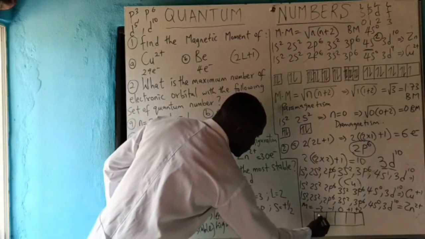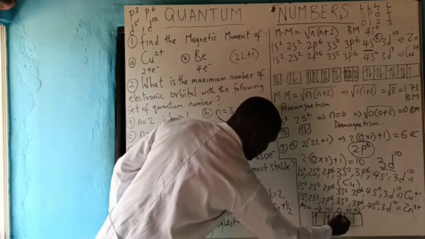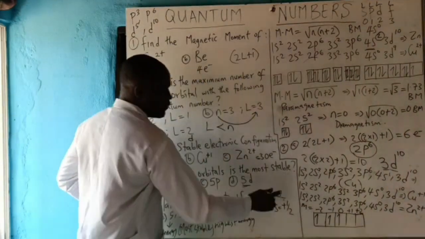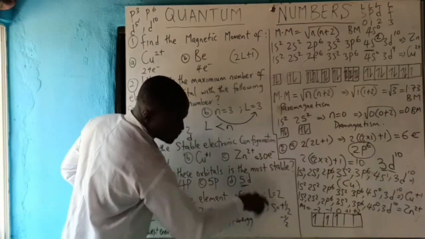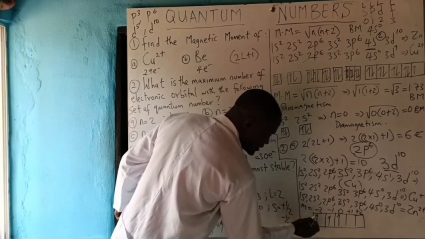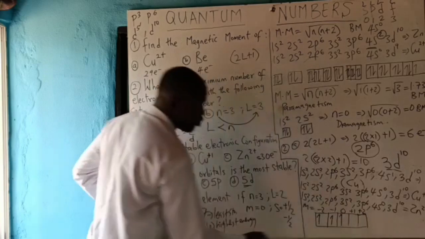Watch it. Singly, singly, singly. This is M equals to 0, and this is clockwise direction. If here is minus half, it means that it will get filled and start going downward, and stop at M equals to 0.